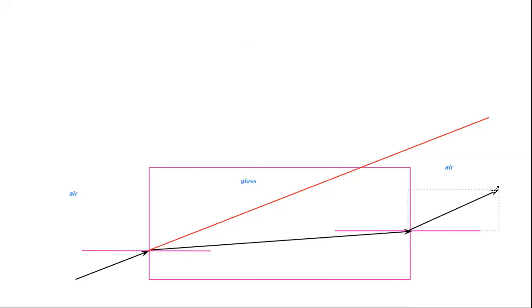So this is my incident ray, this is my refracted ray, the ray inside the glass, and this is my emergent ray. You see a certain change in path is happening because of the change in medium. So now we see that the incident ray and the emergent ray are not in the same line. Yes, we see a certain lateral displacement between them.